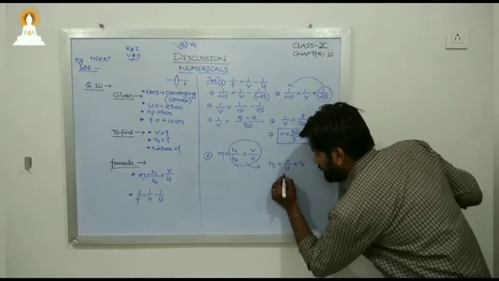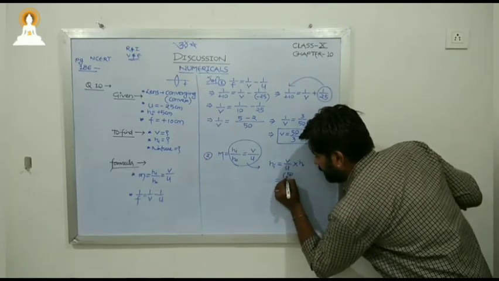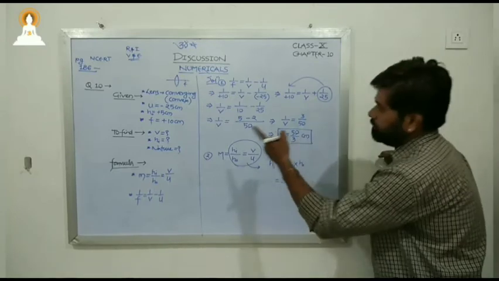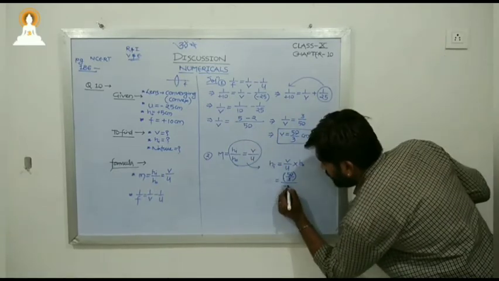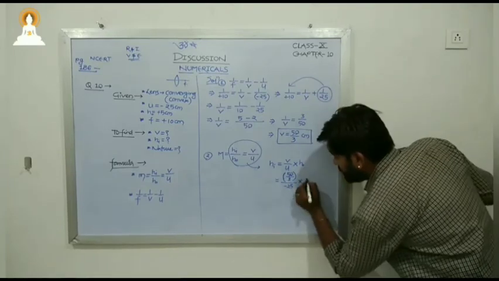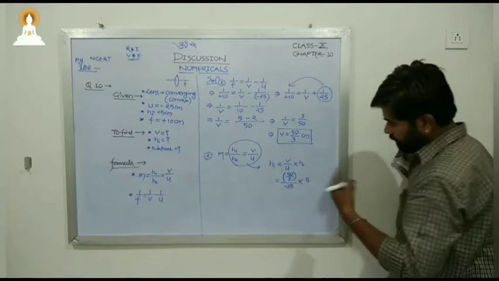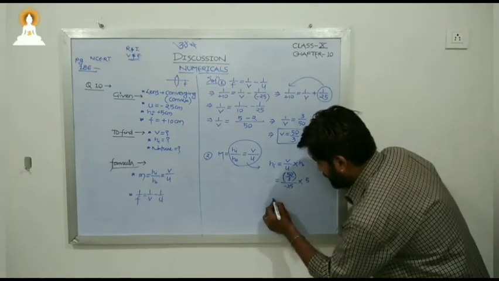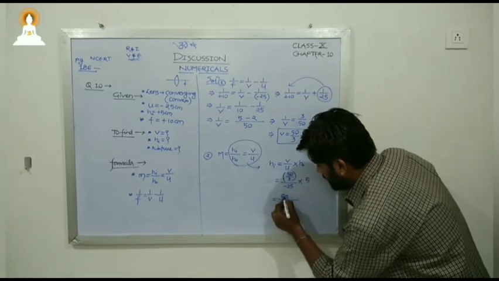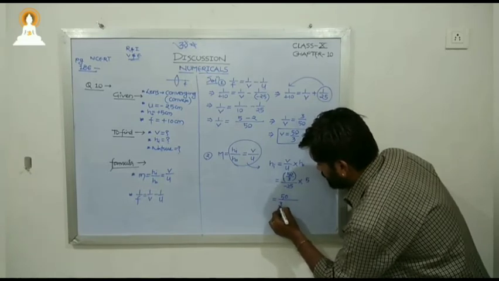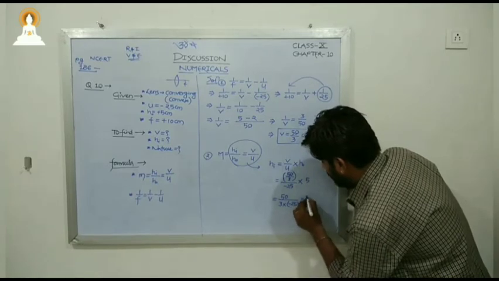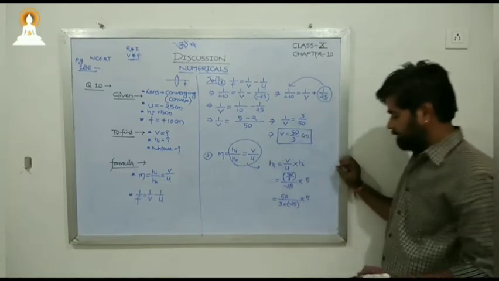So v is 50 by 3, upon u which is minus 25, multiplied by height of object which is plus 5. No problem, let us move further. So this will be nothing but 50 upon 3, into minus 25, times 5.